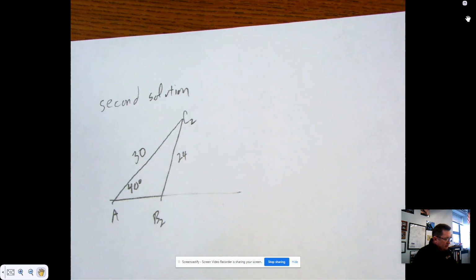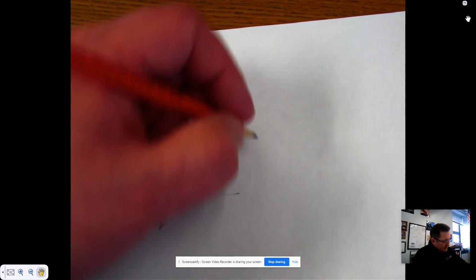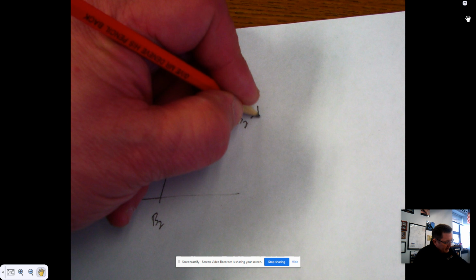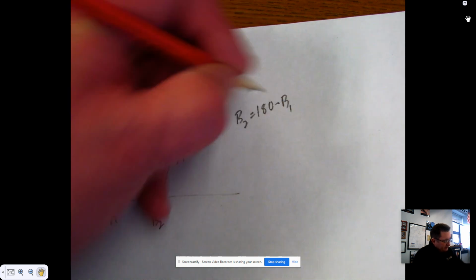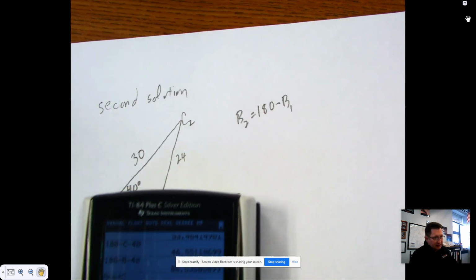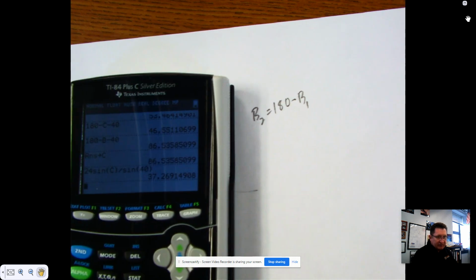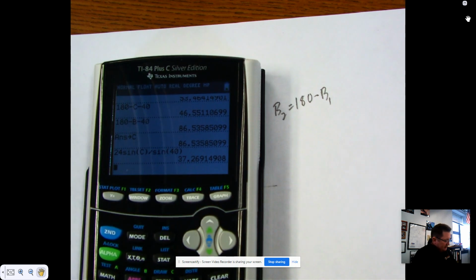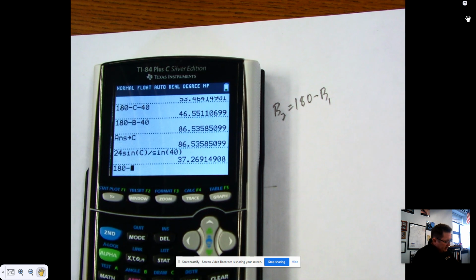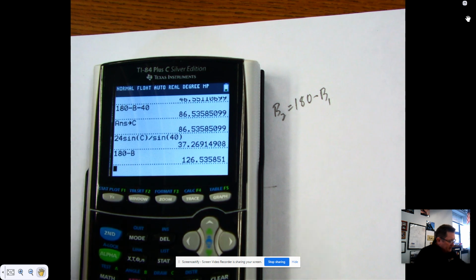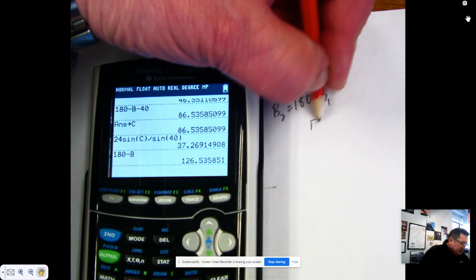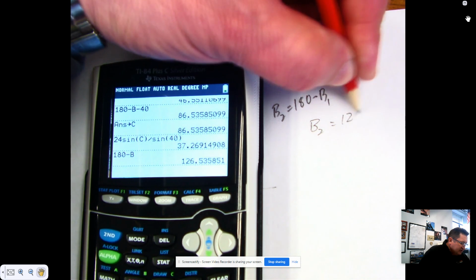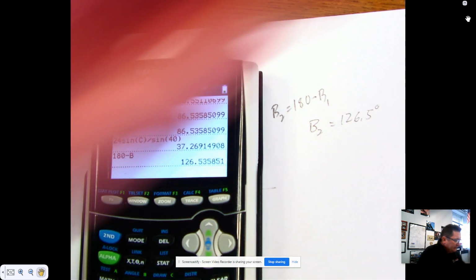The beauty is that we already know angle B2. We said it was 180 minus B1, and we have that number stored in our calculator as B. So 180 minus B gives B2 as 126.5 degrees, and we'll store that.